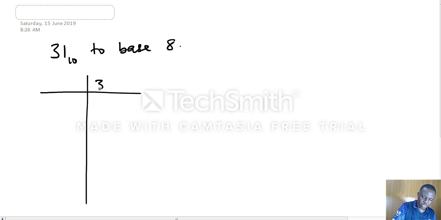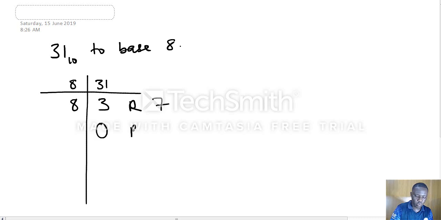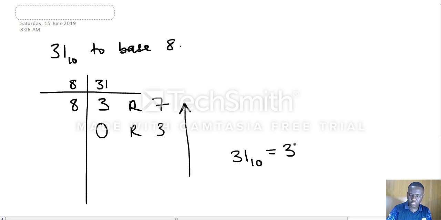So this becomes 31 divided by 8. 8 into 31 is 3 times, remainder 7. 8 into 3, we cannot, so we say 0, remainder 3. And taking our remainders, it gives us the equivalent in base 8. That is 31 base 10 is equal to 37 base 8.